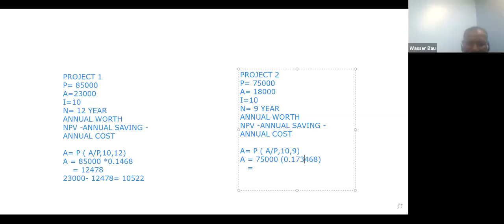The factor should be 0.1736, yeah, it's 9 years. 0.1736 multiplied by 75,000 is 13,000. Therefore, the net savings is 18,000 minus 13,000, the 4,000 something.